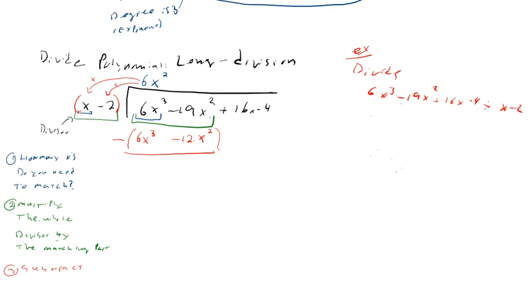6x cubed minus 6x cubed, these two things will go away. But the 19 and the 12x squared, these have to subtract. Now this subtraction, remember how subtraction works. I need to distribute my subtraction to both. That negative gets distributed. So when you subtract, do not forget, distribute the negative.